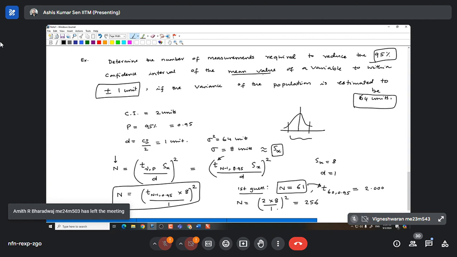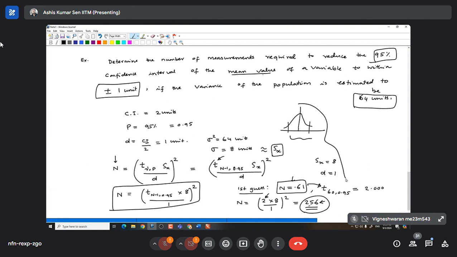Then when I substitute that t here, I found n to be 256. So I have not really converged. This n is different, this n is different. Now this n I use again for the next iteration. So now for the next iteration, my n is 256.